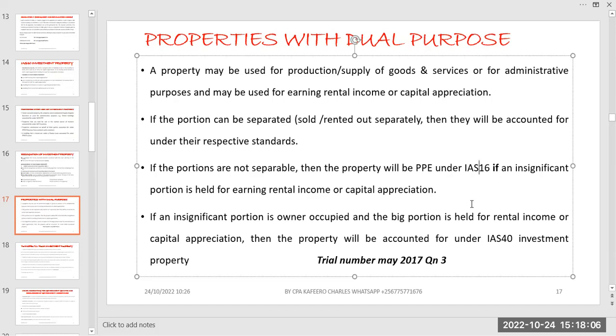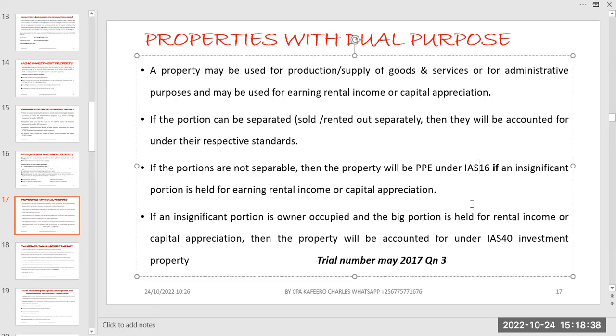What does that statement mean? It means that if the whole asset is maybe used for administration, but a small portion, maybe 2 rooms on the last floor, are used for earning rental income, then we can say that is insignificant. Insignificant means something is not enough, like a small portion.